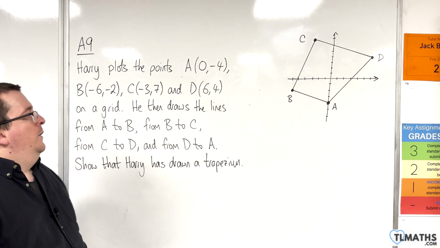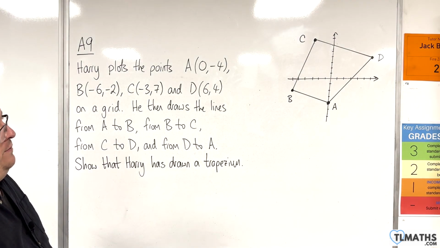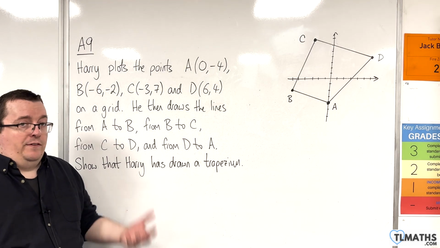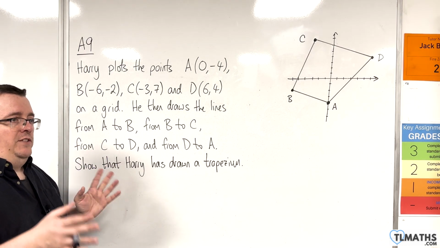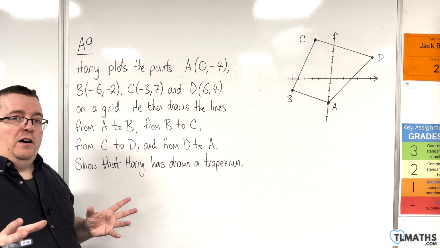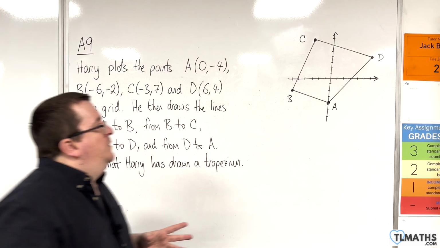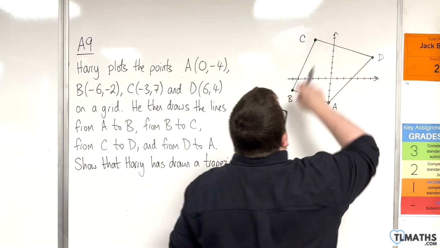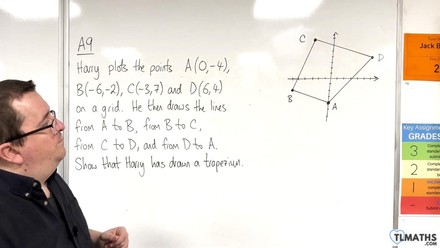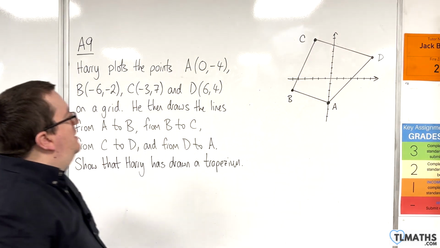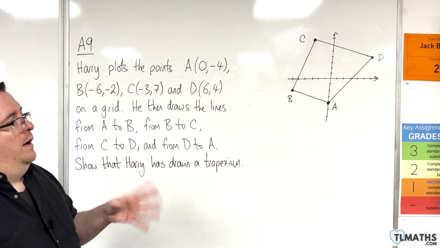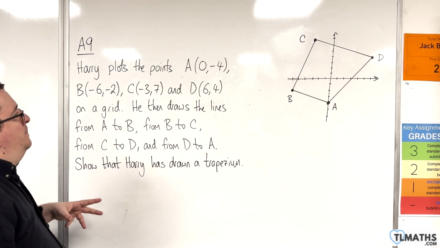So really what I want to do is look at the gradients of the sides. If I could show that a pair of opposite sides are parallel, so it's looking like AB and DC are parallel. So let's find those out.